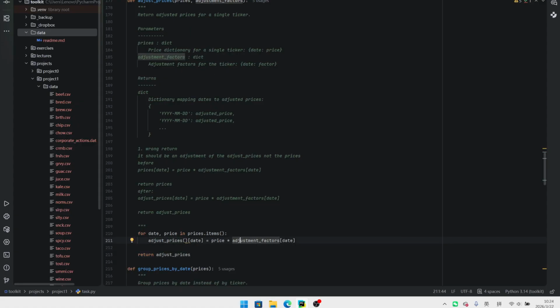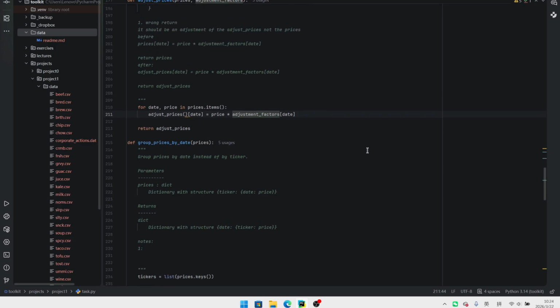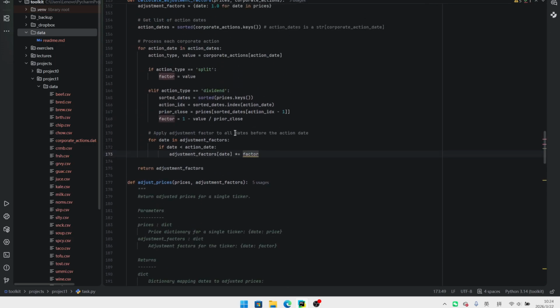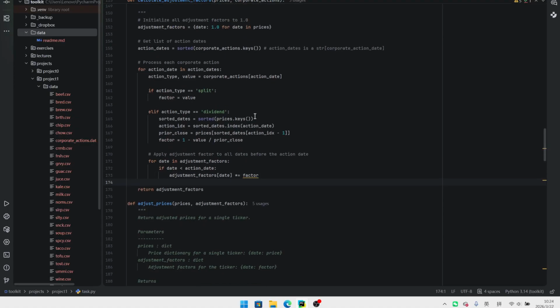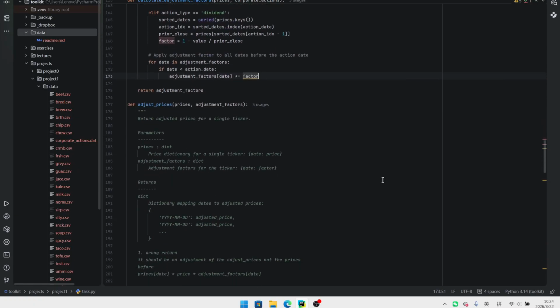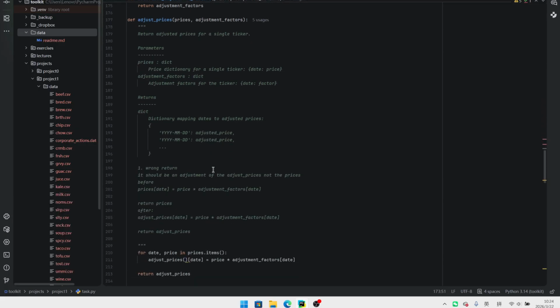But if I'm using this one, factor is the value, so it's just the change the effect. No worries.